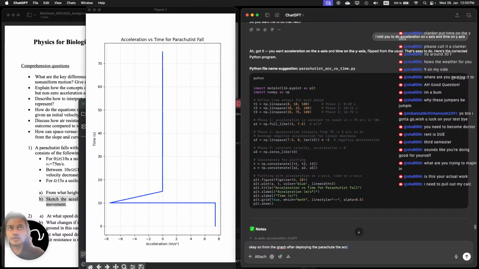Parachute, okay, so the graph after deploying the parachute, the acceleration is shown as below or above, somewhere between -8 and -6, but for me, I found the deceleration on phase 2 as minus 14.